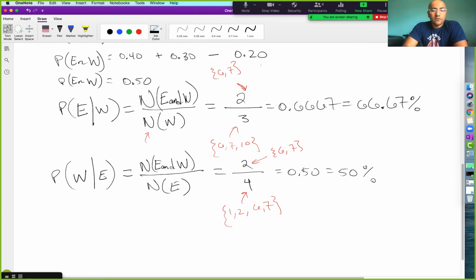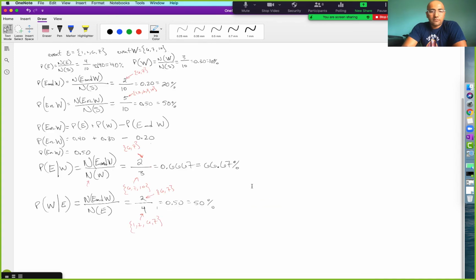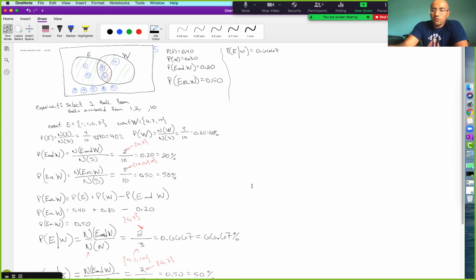They've improved. He used to only have a 30% chance to be a winner, and now, given this new information, the odds have changed to 50%. So going back up here, we have the probability that W given E is equal to 0.50.